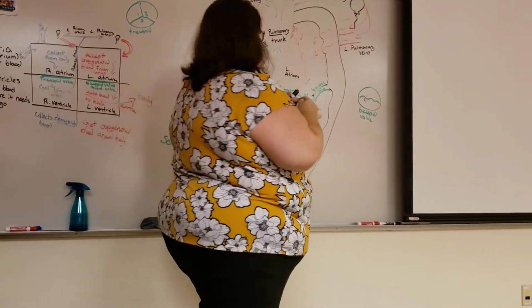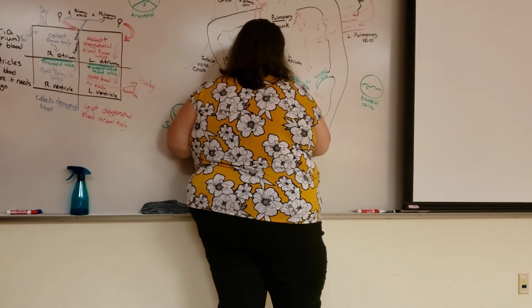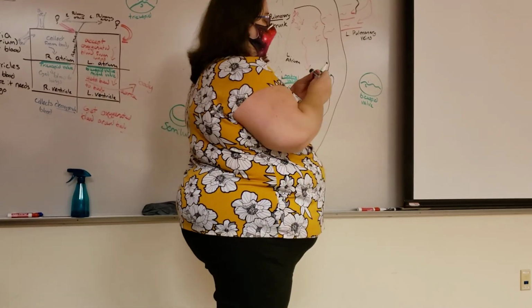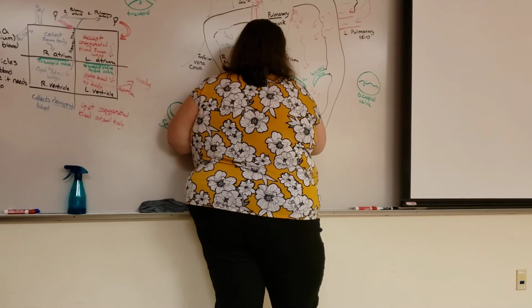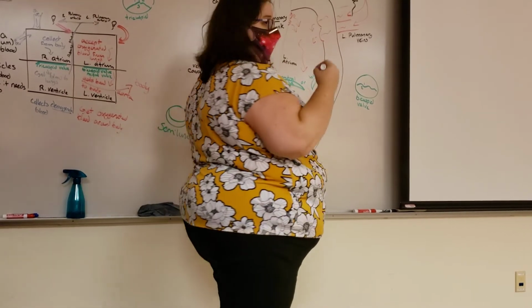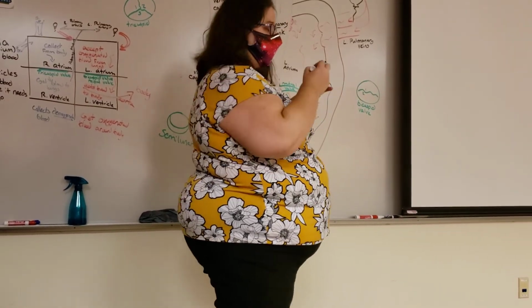And then you have a valve right here on the aorta. And that valve is called the aortic valve because it prevents blood from going from your aorta back into your left ventricle.